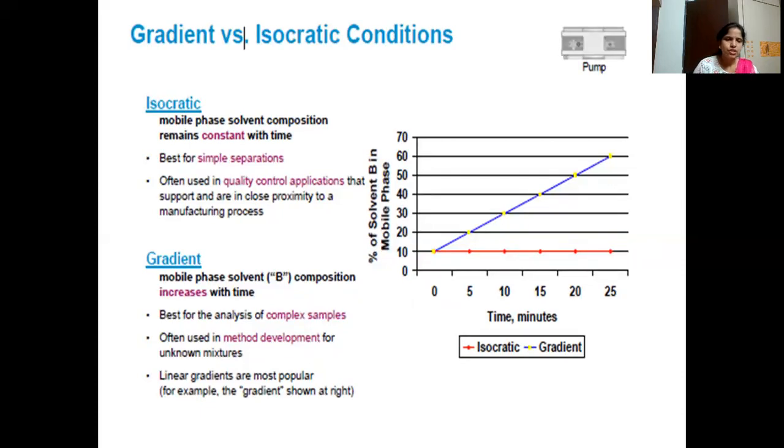By just changing the polarity of one of the mobile phases, we can achieve the separation of the components. It is used in method development for unknown mixtures, and linear gradients are most popular. So the gradient method is where we change the composition of the mobile phase, whereas in isocratic, the composition of the mobile phase will be the same or constant.